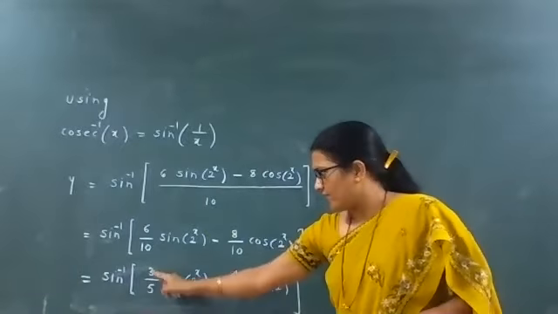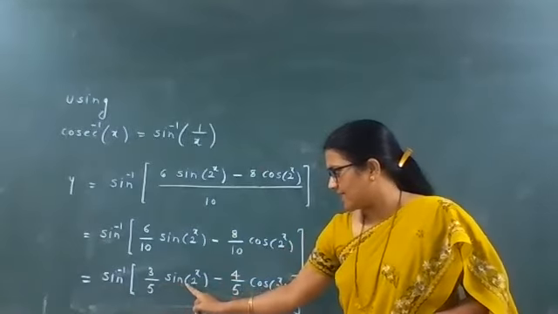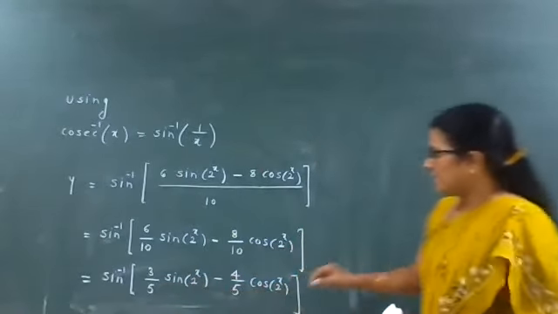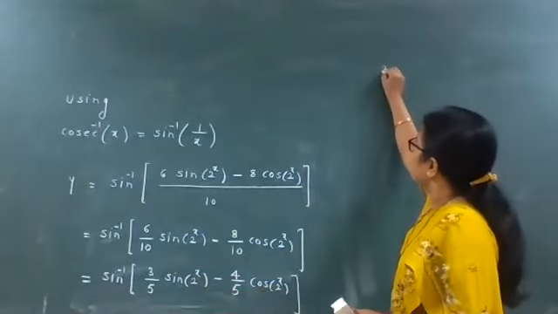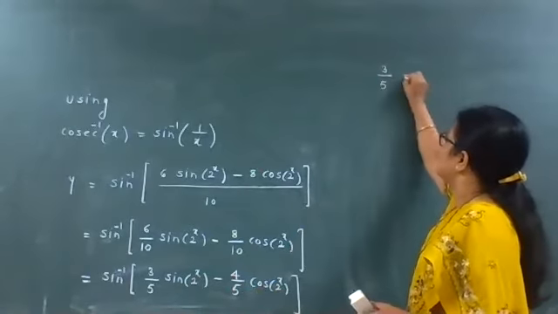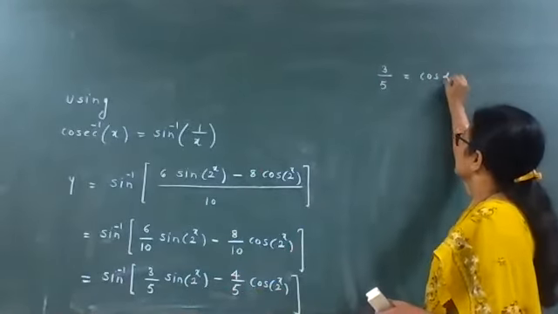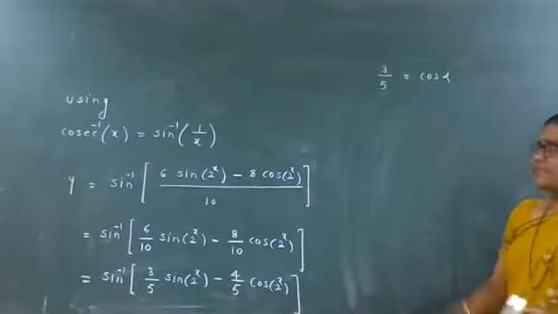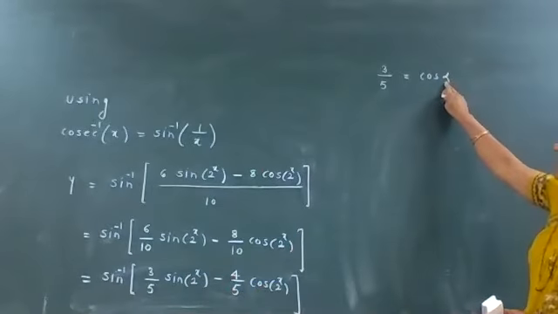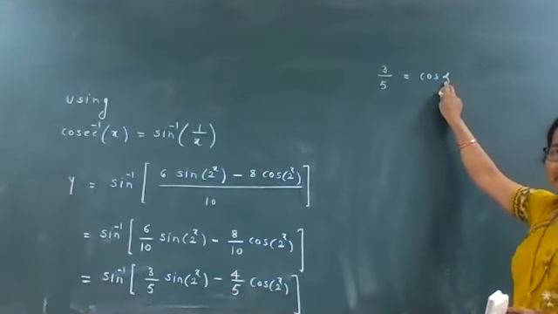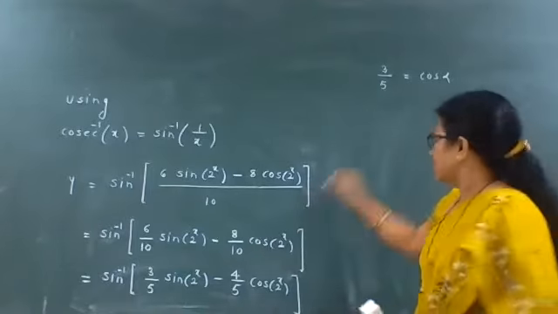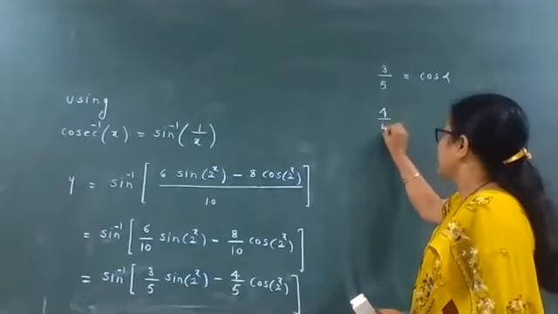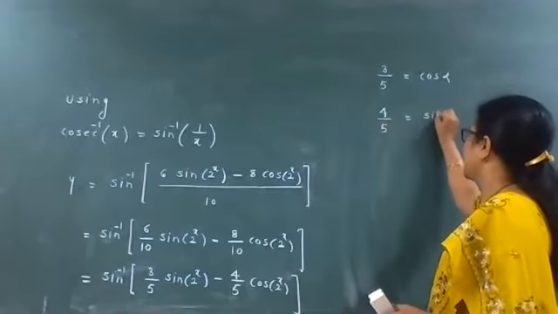Now 3 upon 5 here is the coefficient of sine 2 raised to x. So I take 3 upon 5 as cos alpha. It is the cosine ratio of angle alpha in a right angle triangle whose hypotenuse is 5 and remaining two sides are 3 and 4. 4 upon 5 you can write as sin alpha.